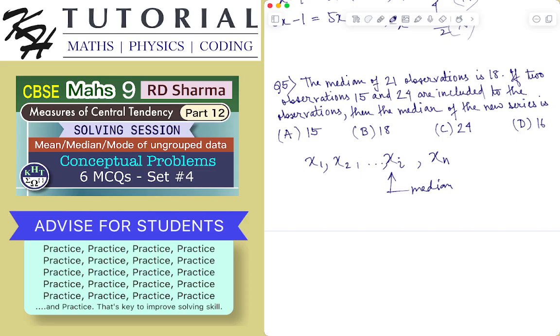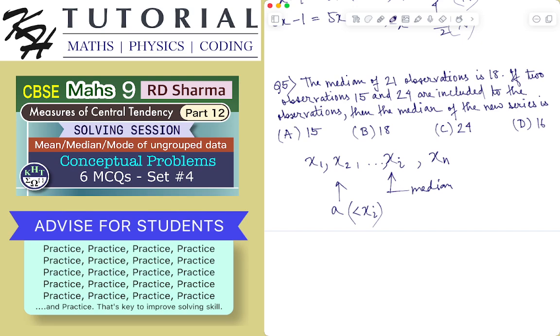Now the thing to understand is that if I introduce a value a which is less than the median, then in the sorted list it will be somewhere to the left of xi. Xi is the median, and if I add a new value a to the observations, and I know that a is less than the median, then obviously in the sorted list of observations a will lie to the left of the median.